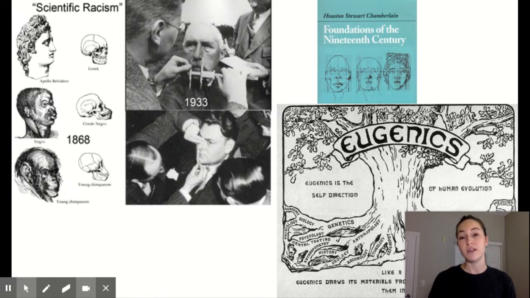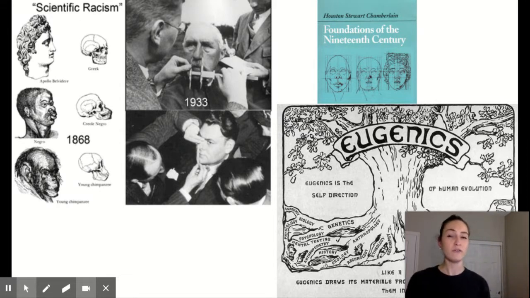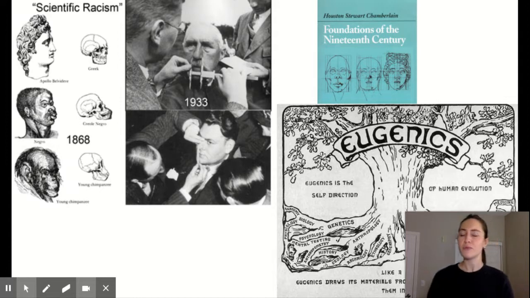For instance, women having a forced hysterectomy, that's when they remove the woman's uterus. And this happened to African American people in the United States. It happened in Nazi Germany. It happened in other places as well, unfortunately, usually by the government. So really sketchy, bad stuff. That is also really a product of this era.